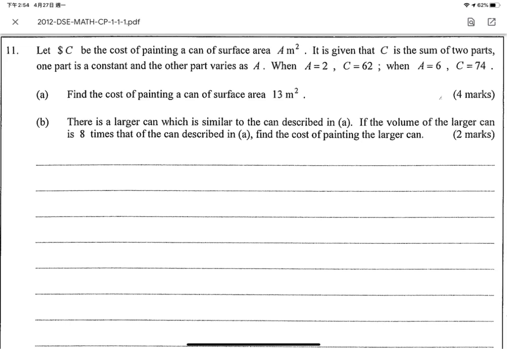Let C be the cost of painting a can of surface area A meter squared. It's given that C is the sum of two parts. One part is a constant, so K1, and the other part varies as A, so K2A.